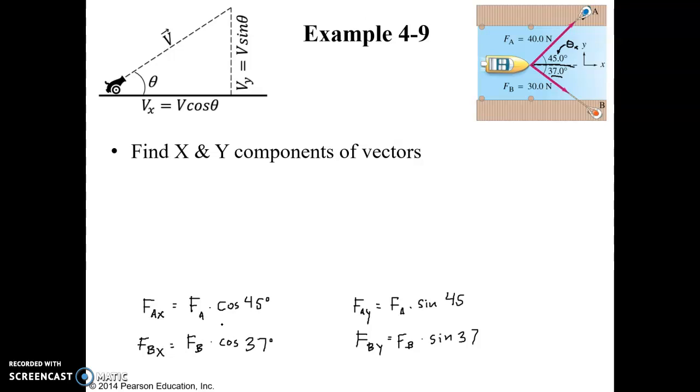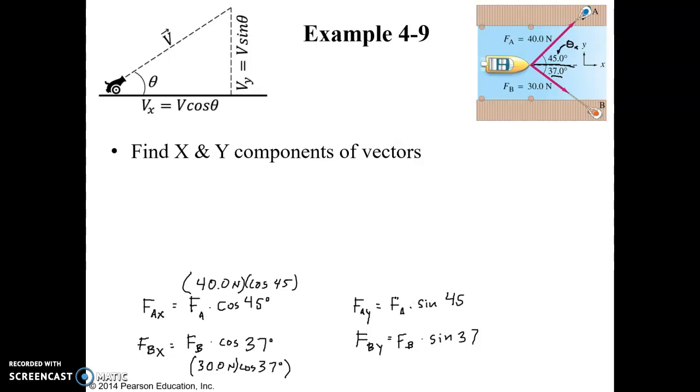Okay, so force A was 40.0 newtons. I'll write it above. We'll go 40.0 newtons times cosine 45. FB is 30.0 newtons. Put that in parentheses. Cosine of 37.